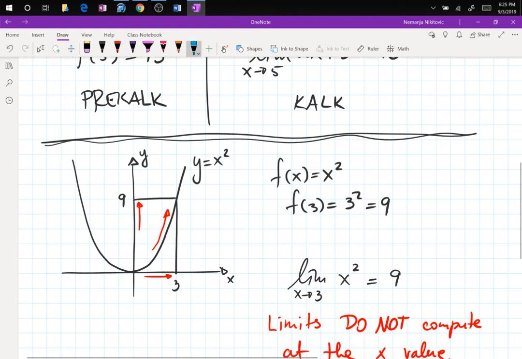Romeo, on the other side, obviously blue for the boys, I'm all about stereotypes, by the way. So, we have Romeo approaching from the right. As his x values decrease, he's walking down the line, walking down the y value, and they are actually going to meet at y equals 9.